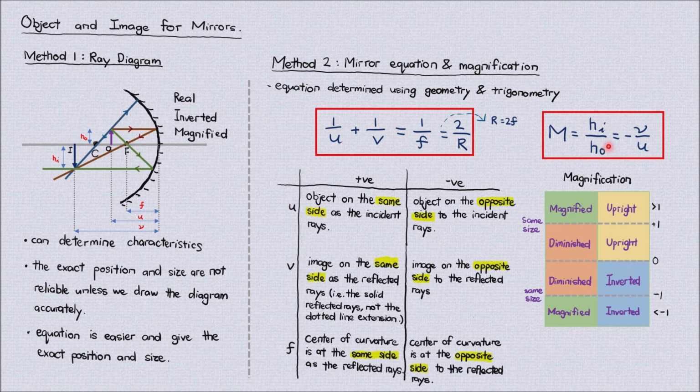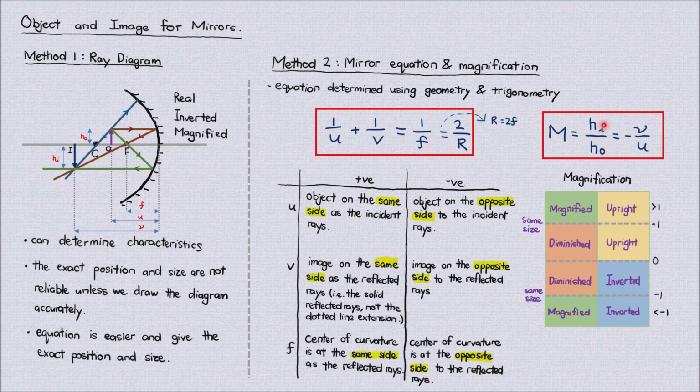So the orientation is flipped if you enter the negative region. If your magnification is a negative value, then your image is flipped, no matter whether it's between 0 and negative 1 or less than negative 1. As long as your value goes below 0, your image will be inverted.